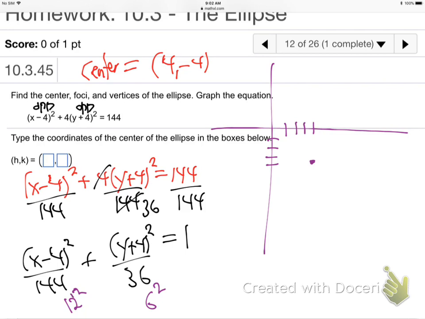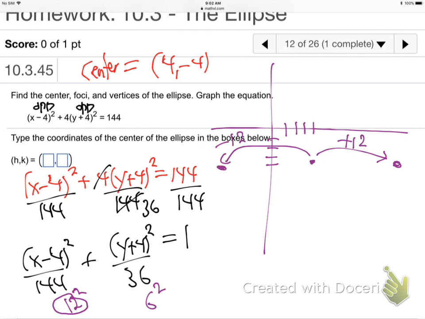Yeah, so right here, whatever's underneath x, that's how far right and left, right? Because x is always right, left. So I go right 12, left 12 from that center. How about I just put a dot somewhere over here and just go right 12, left 12.